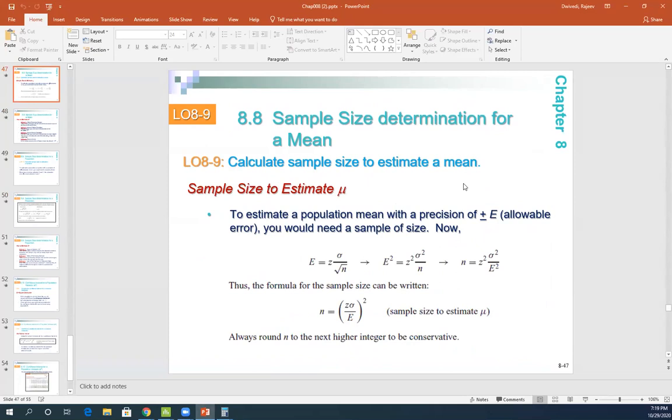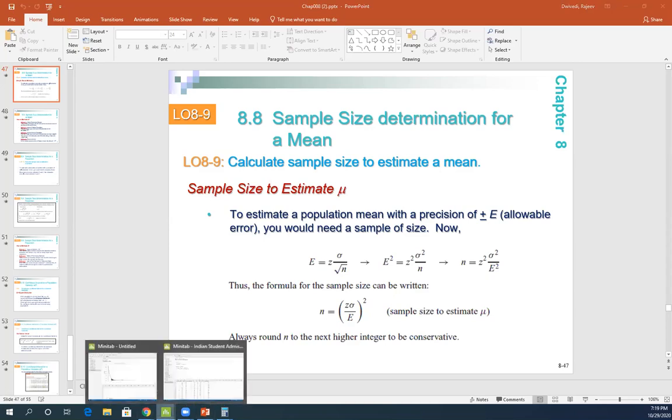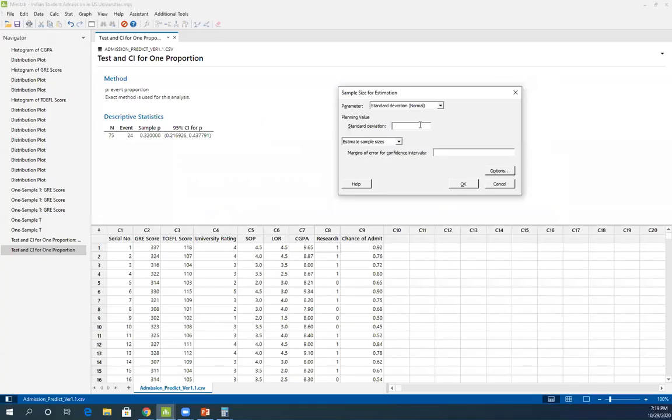So here, I'm just looking at page number 323. And the question says, a produce manager wants to estimate the mean weight of a Spanish onion being delivered by a supplier with 95% confidence. Error is plus or minus 1 ounce.